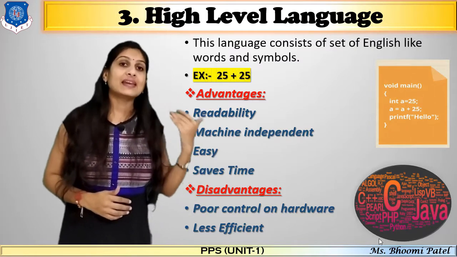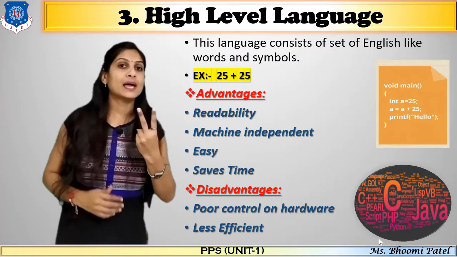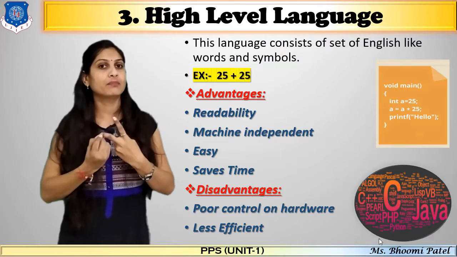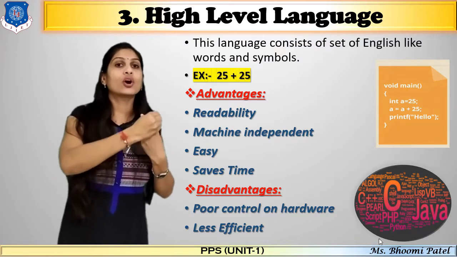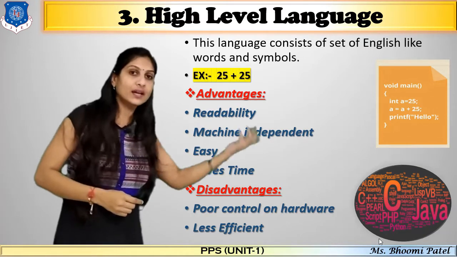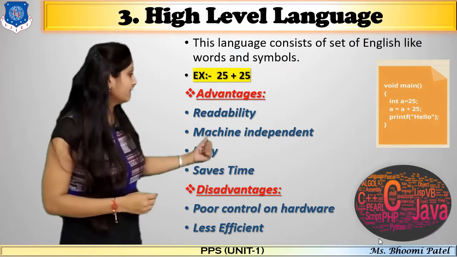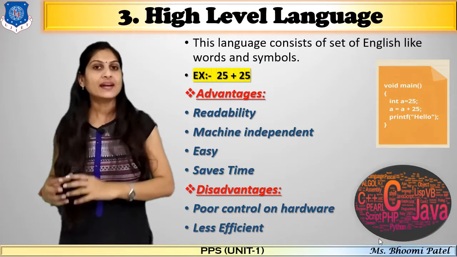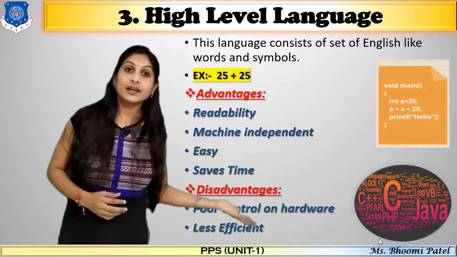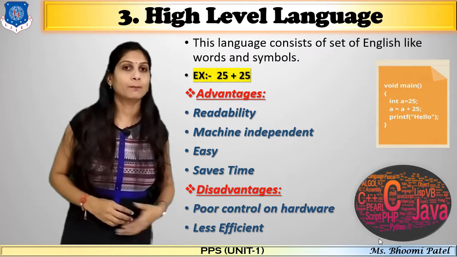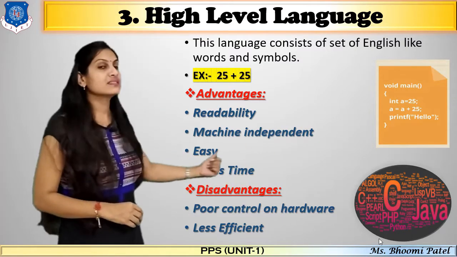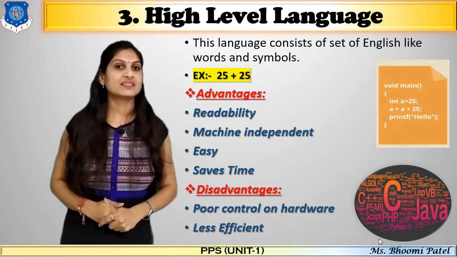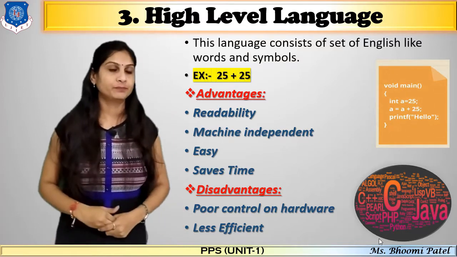Machine language and assembly level language are both machine dependent, meaning a program that runs on one computer may or may not run on another computer. But here when you write a program on one machine, it can be executed on another machine without any modification. So we can say that it is machine independent, or also we can say that it is portable.